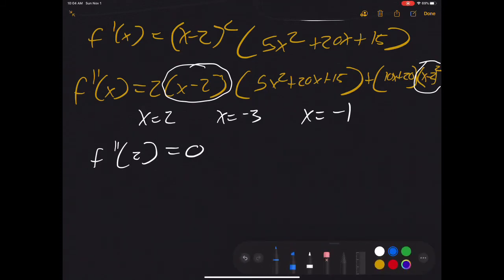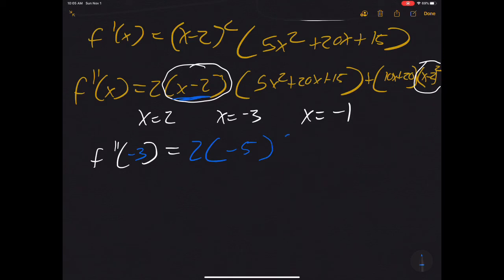And we push forward. We look at f double prime of negative 3. So let's plug in negative 3 here. We get 2 times negative 3 minus 2. Negative 3 minus 2 is negative 5. Times negative 3 times negative 3, which is positive 9.